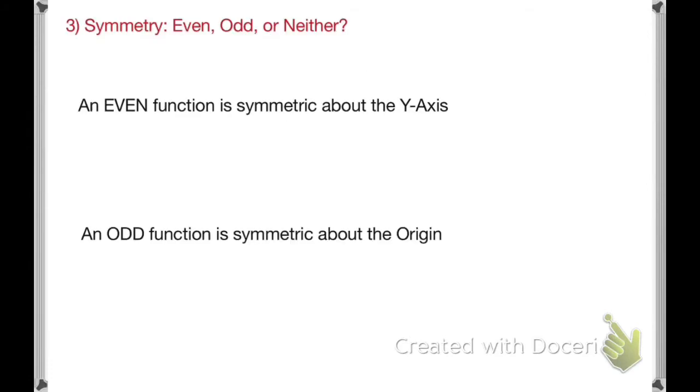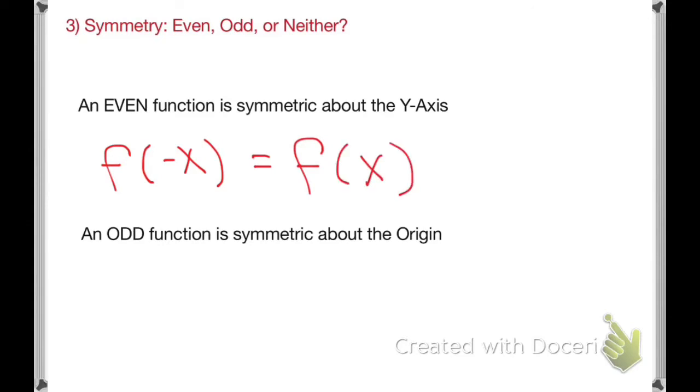Next, I'm going to talk about our third step, which is symmetry. Now we have both even and odd functions, and sometimes a function is neither even or odd. Now an even function is symmetric about the y-axis, which means when you plug in a negative x value into your function, you're going to get the same positive y value as if you had plugged in a positive x.